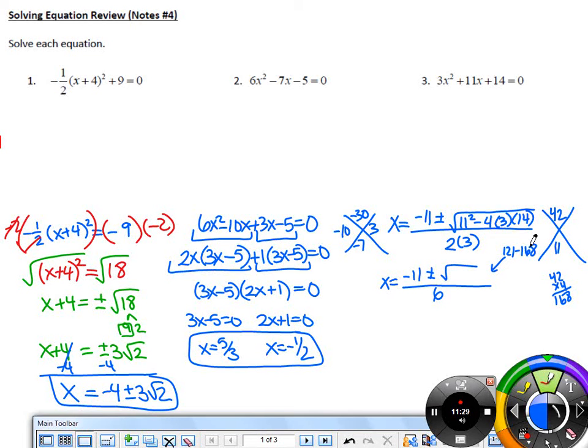So when I subtract those two things, I'm going to get a negative 47. So that's what's underneath my radical. So is that okay? I did 4 times 3 times 14, and I got 168. I knew 11 squared was 121, so then I subtracted them and got negative 47.